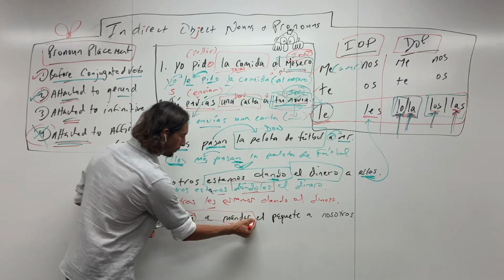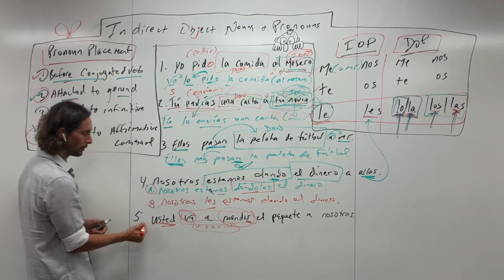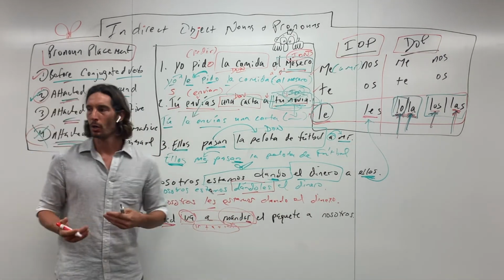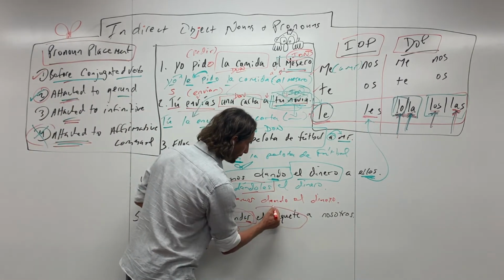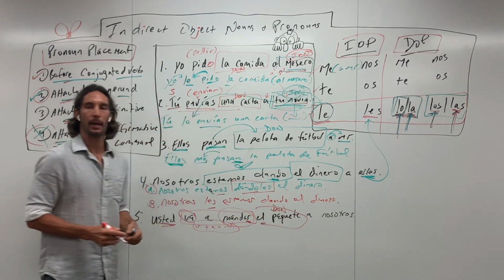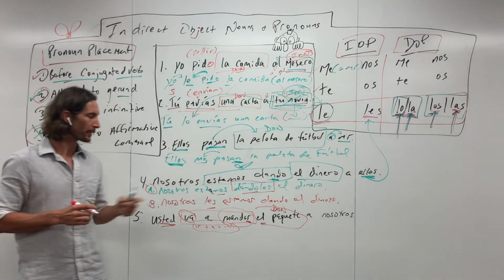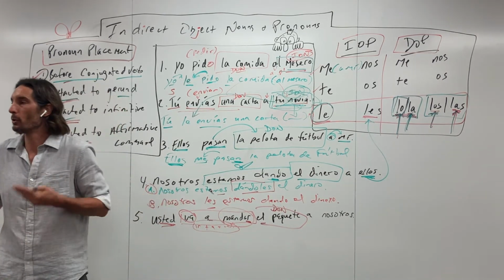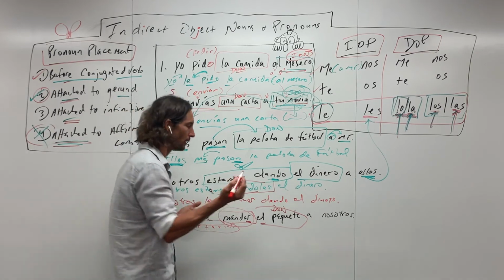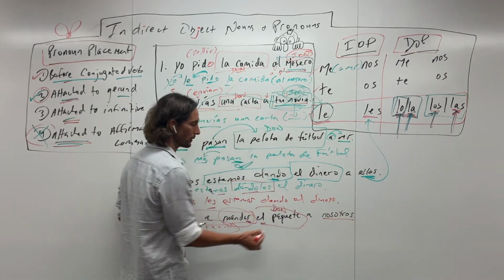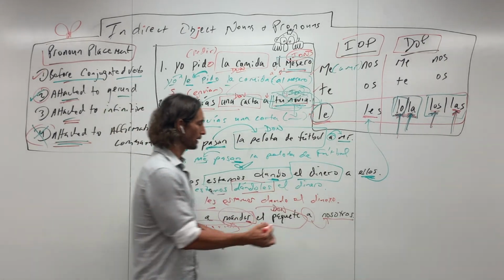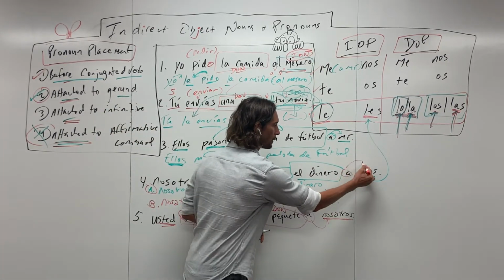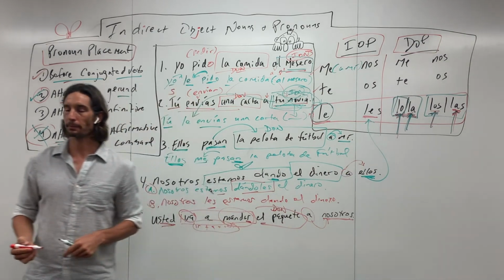So you, usted, so you formal, va a mandar. What are you going to send? Well, el paquete. So el paquete becomes our direct object noun. To whom? Right? To whom is this package being sent? Well, a nosotros, right? Again, the prepositional phrase, bonding this indirect object noun to the sentence, right?